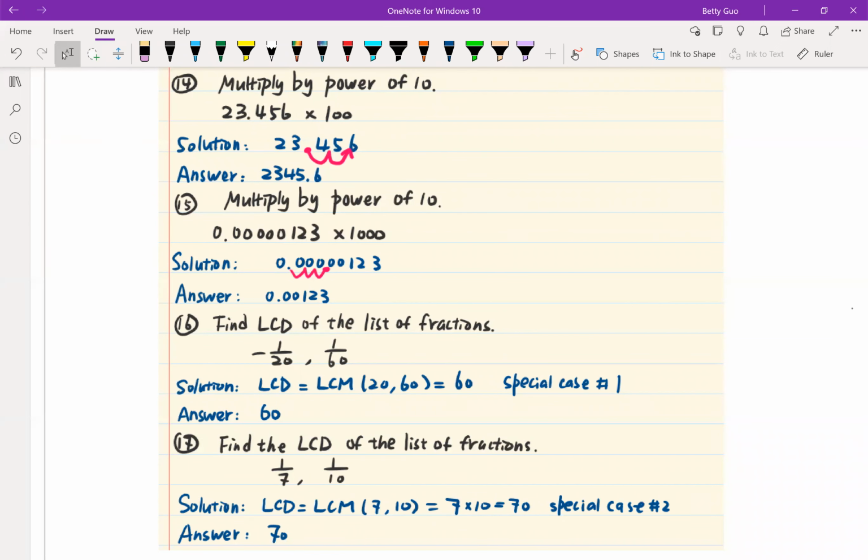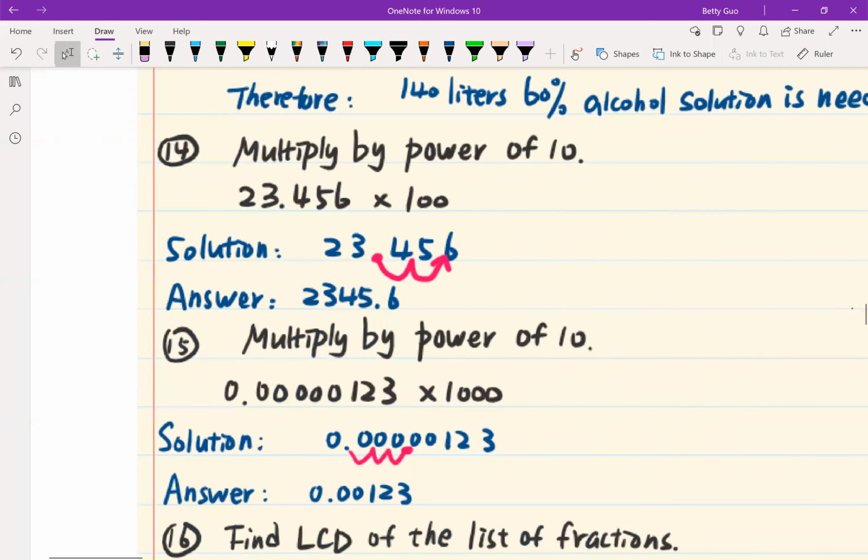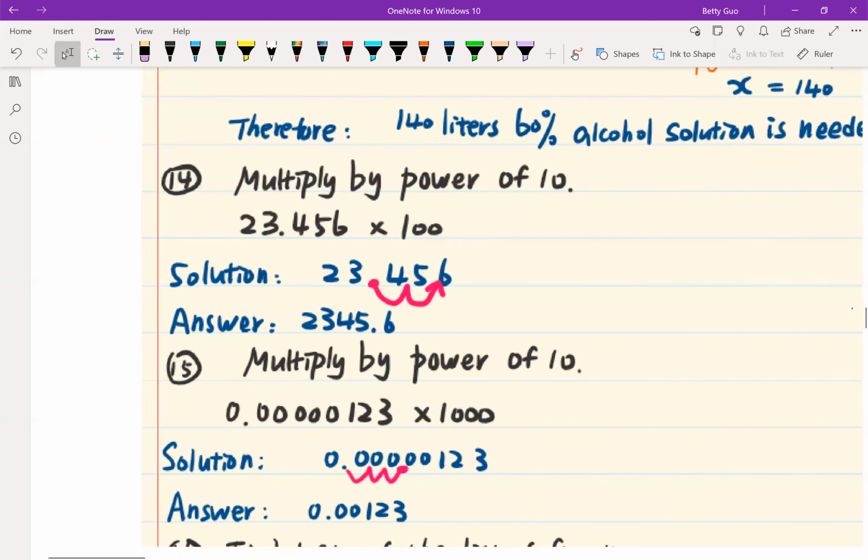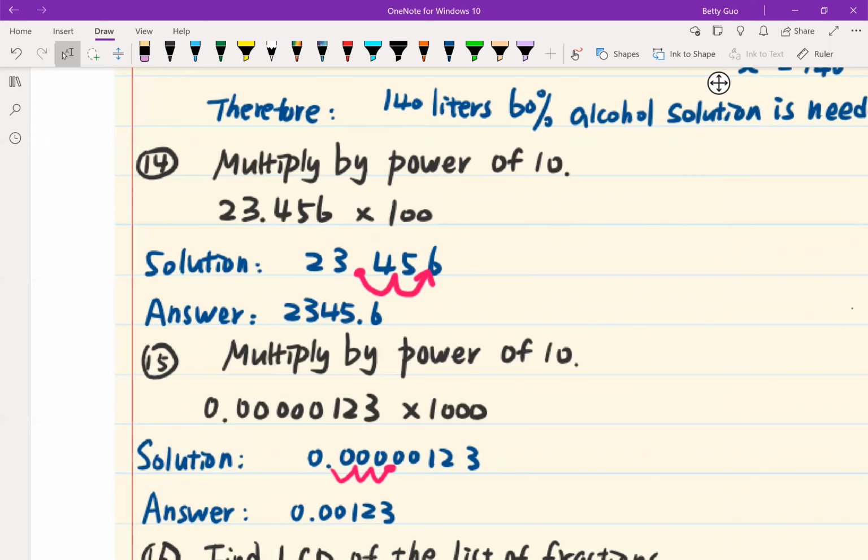Numbers 14 and 15, multiply by a power of 10. I do not worry about that at all. It's easy. Number 14, 23.456 times 100. Just use your calculator, okay? You cannot miss it.